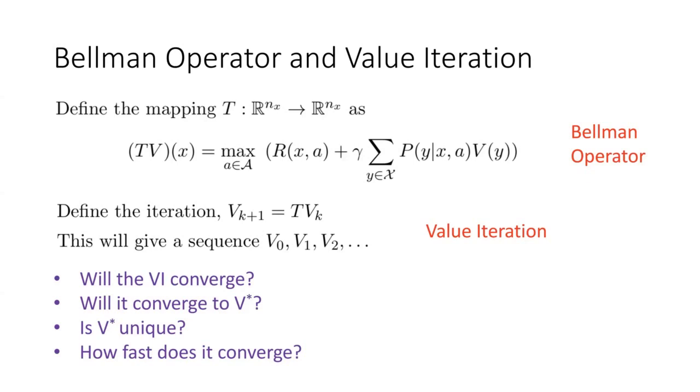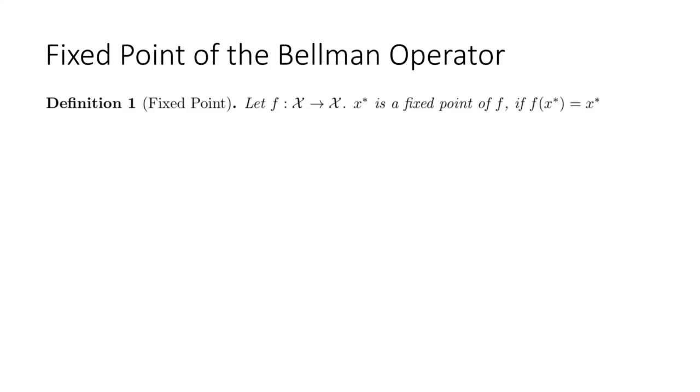We are going to answer all these questions, not very rigorously, but I will try to give you an intuitive explanation for all of this. And obviously, our main goal is to compute the optimal policy from the optimal value function. To argue this more systematically, so that the value iteration I just proposed will converge to the optimal value function, I'm going to define another notion called the fixed point of a function.